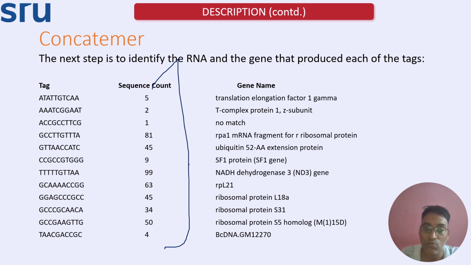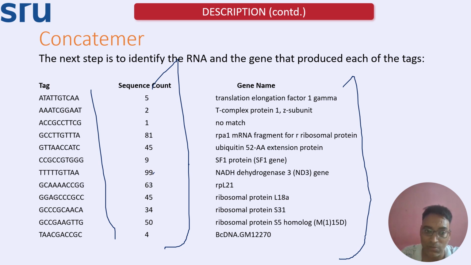So there are certain functions present for each of these tags. Now understand that this tag here is expressed 99 times, unlike the tag for which you could not find the match, or this T complex, which is only present 2 times.